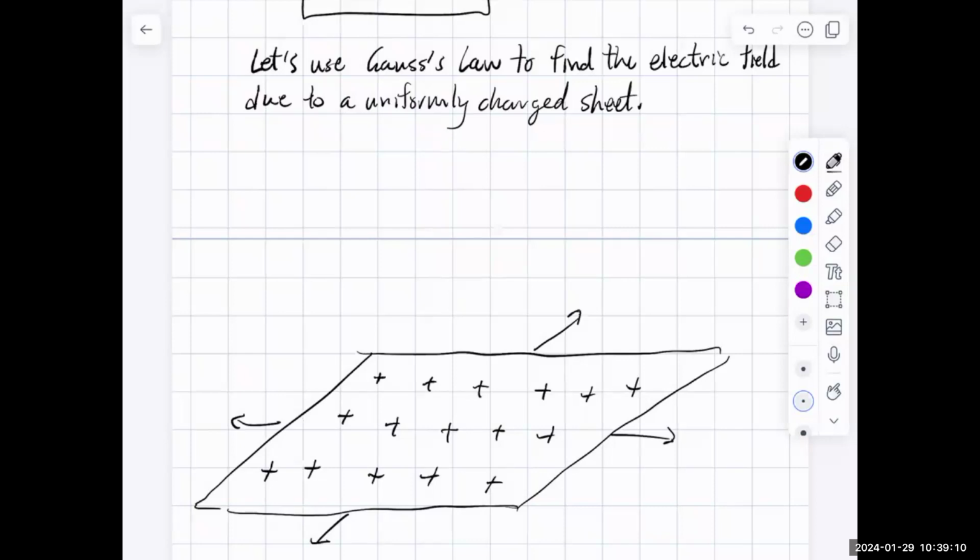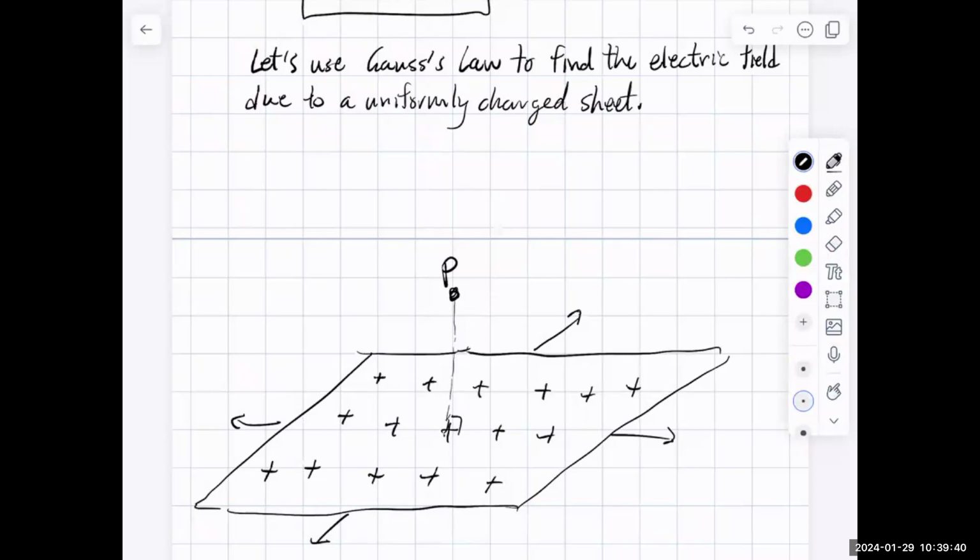So if I was sitting here at point P, somewhere above this surface of charge, right? Oh, it doesn't look very perpendicular, that line, does it? I meant to draw a perpendicular line. So there's point P. What's the direction of the electric field at P going to be? Straight up. Why is it straight up? Yeah, it's positive.